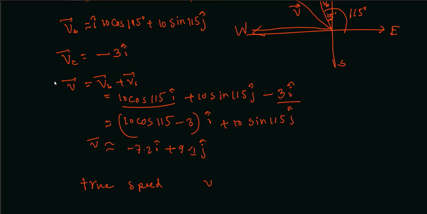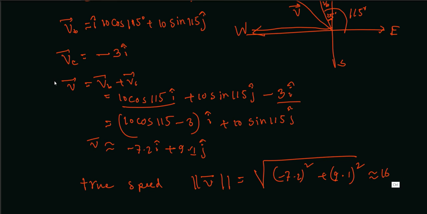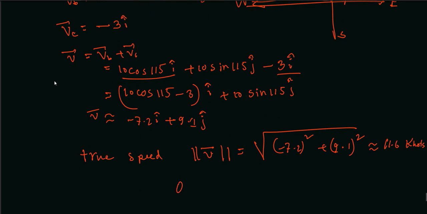That should be the magnitude of this vector v, which is equal to the square root of negative 7.2 squared plus 9.1 squared, and that should be approximately equal to 11.6 knots.